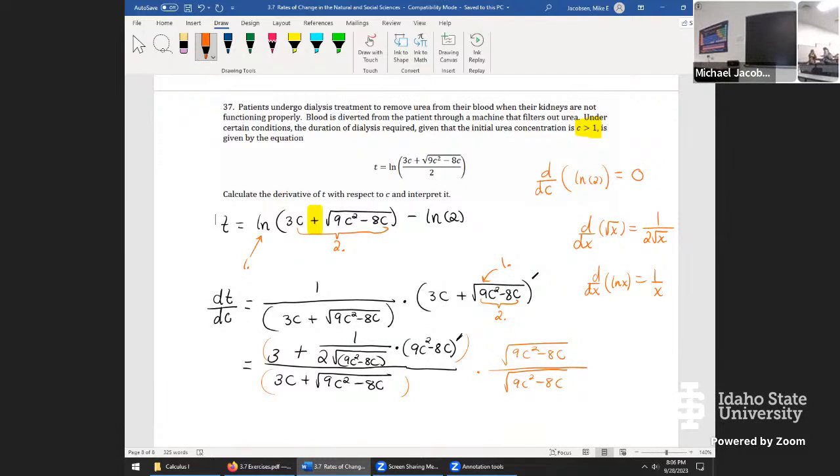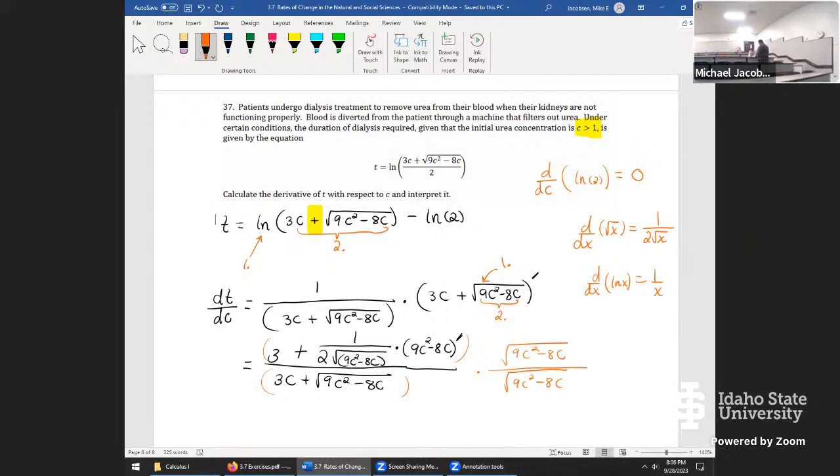Yeah, absolutely. Yeah. So we have cosine x y by this part. You have to multiply by the derivative of x y.